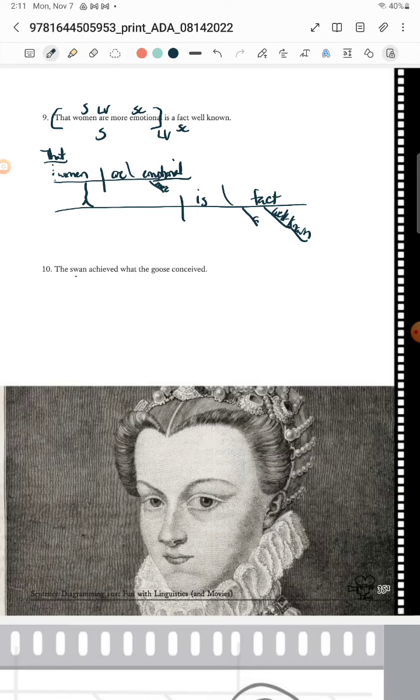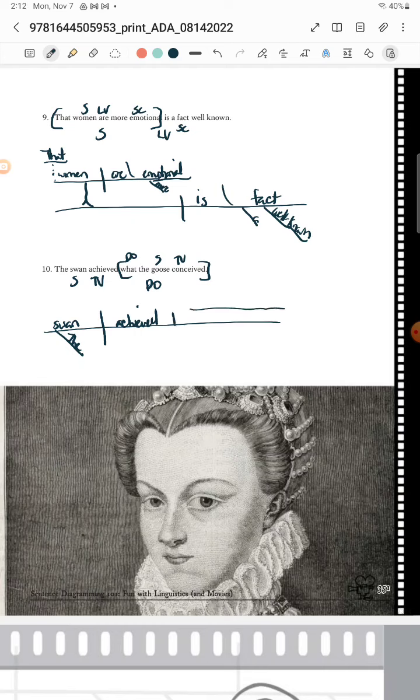All right, let's see. So we have the swan achieved. Oh, it achieved this whole thing. What the goose conceived. So we've got goose conceived, and then what? Goose conceived what? So that whole thing is my direct object. Okay. So the swan is doing the things that the goose is only thinking about.